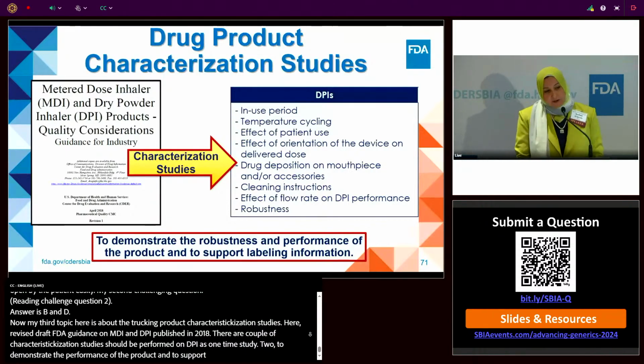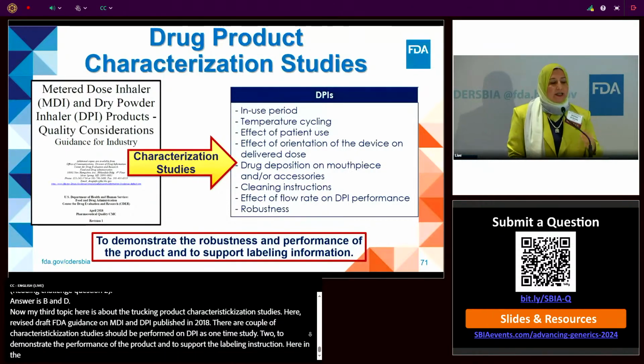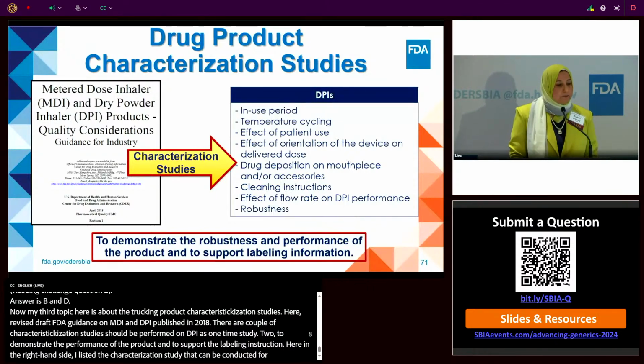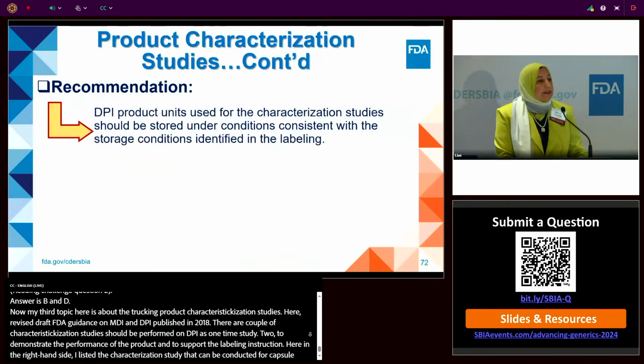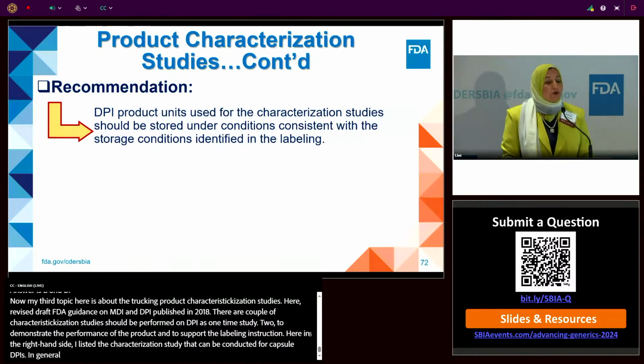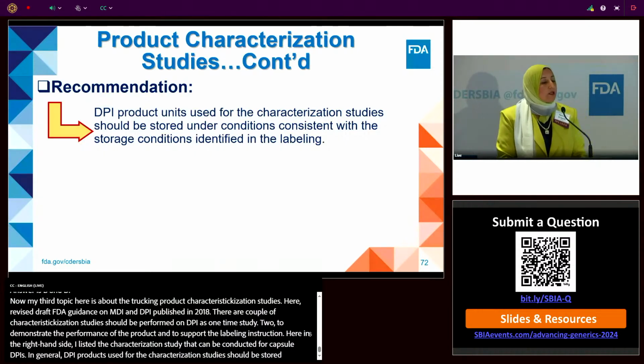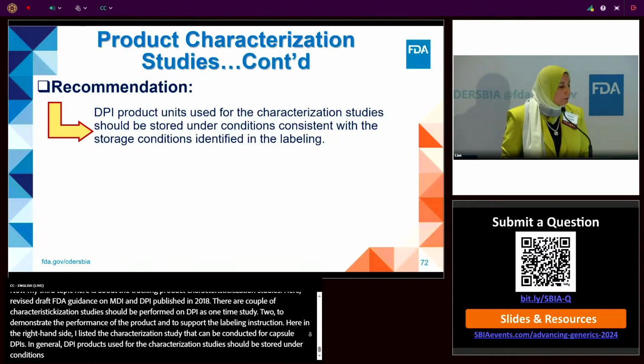Here on the right hand side, you can see I listed the characterization studies that should be conducted for capsule-based DPIs. In general, DPI product units used for the characterization studies should be stored under conditions consistent with the storage conditions identified in the label.